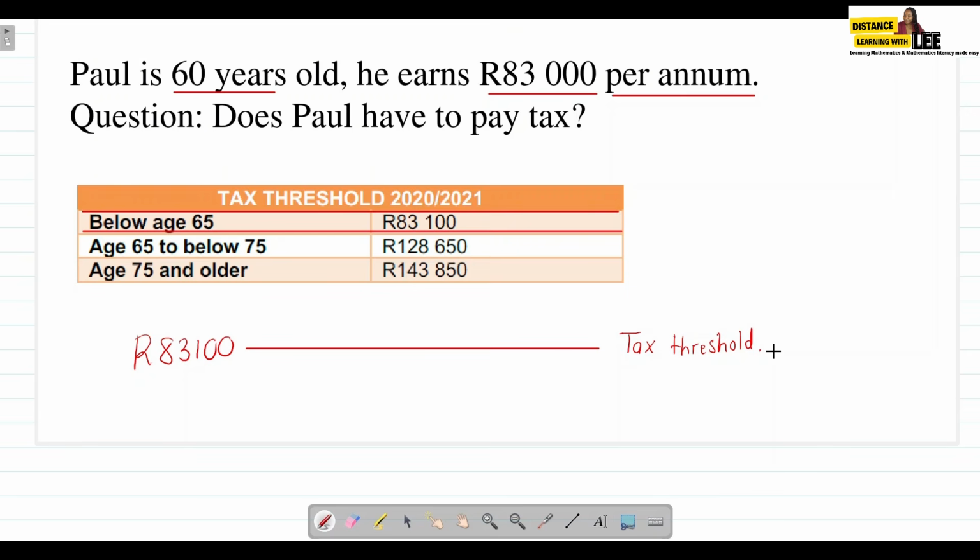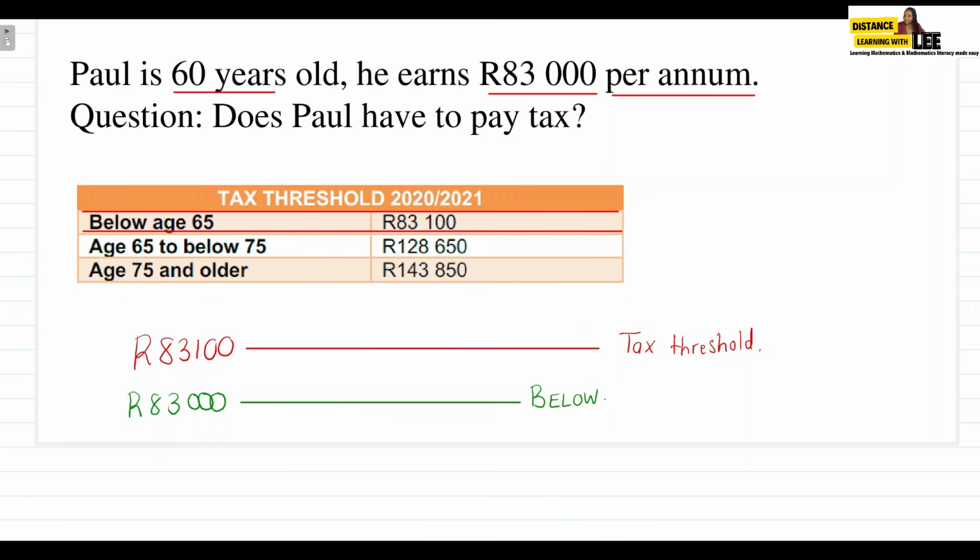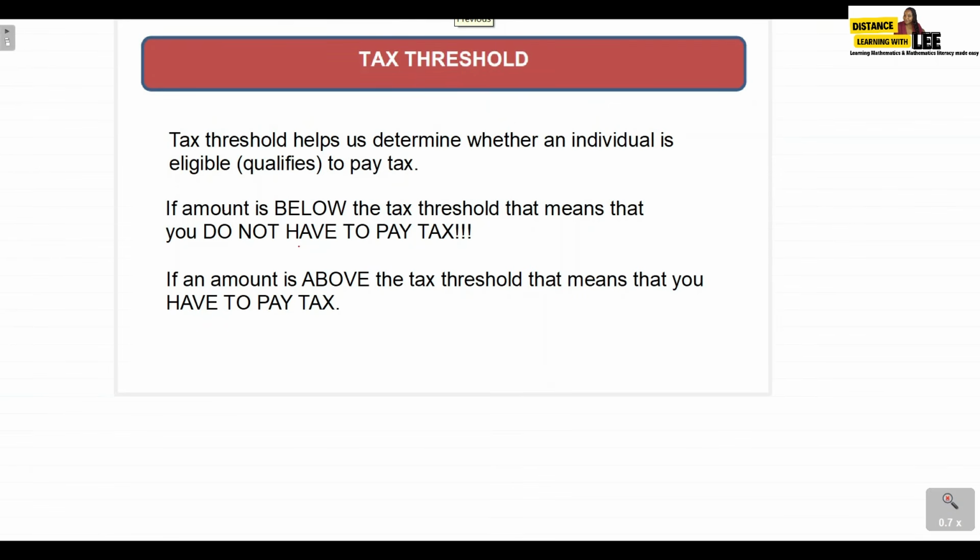Is his annual income greater than or less than 83,100? Let's see. 83,000 is actually less than 83,100, because 83,100 is more than 83,000. So we can see that Paul's annual income is below the tax threshold. And we know if an amount is below the tax threshold, you do not have to pay tax.